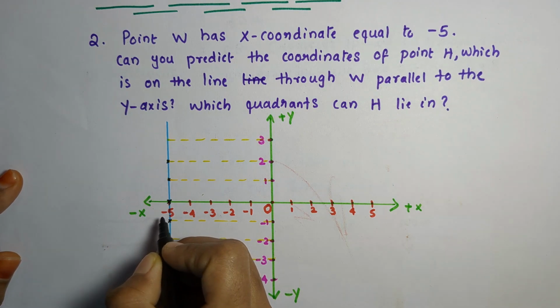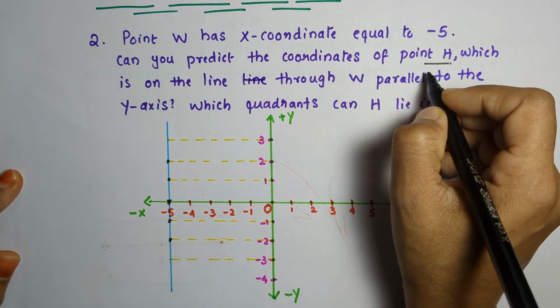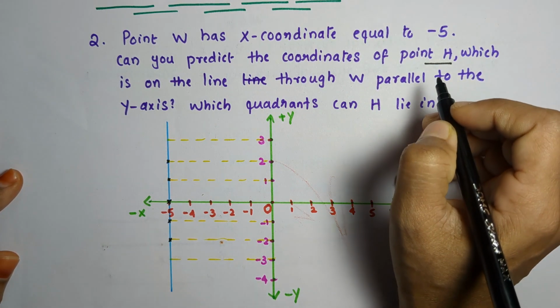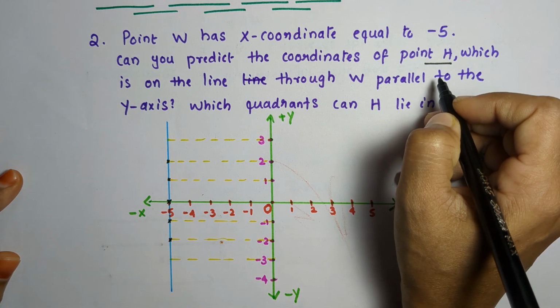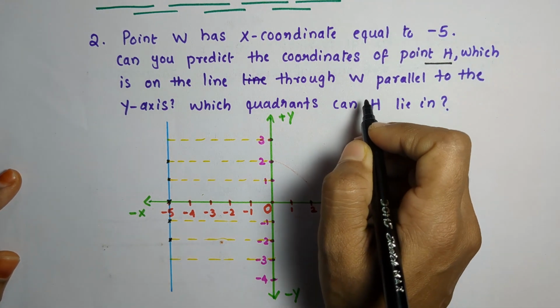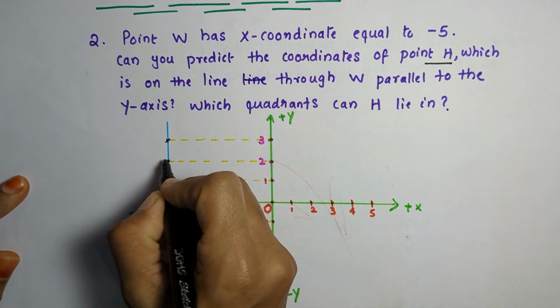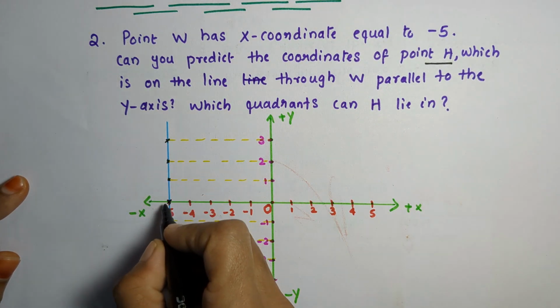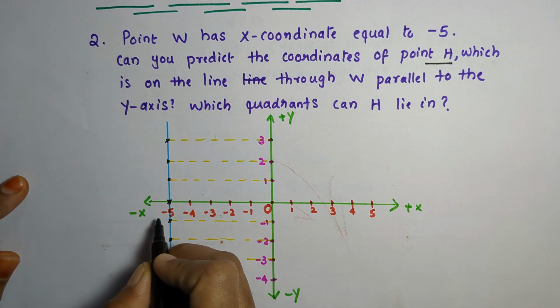Now the point H lies on the line through W parallel to the y-axis. So you see, W is a point whose x coordinate is equal to -5. So W can be here, here, here, or here, because all these points have the x coordinate -5.